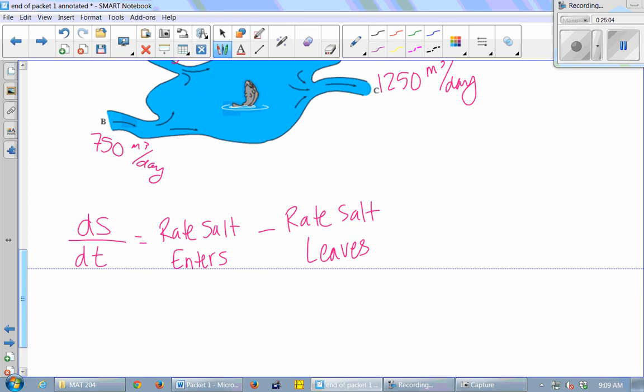All right, so over on the side here, we have to calculate what those two things are. It's not given to you directly, but we do have enough to figure it out.